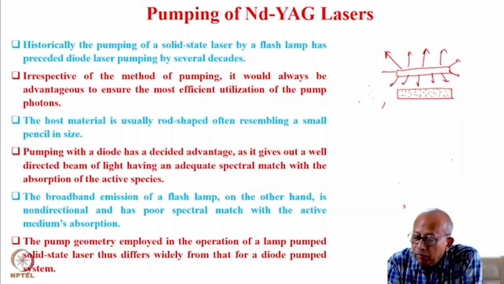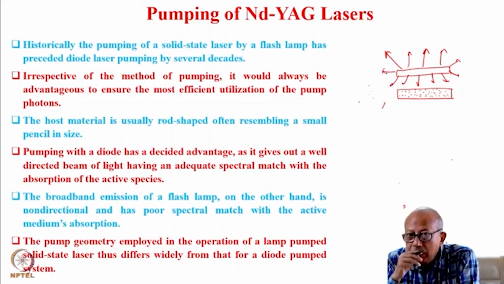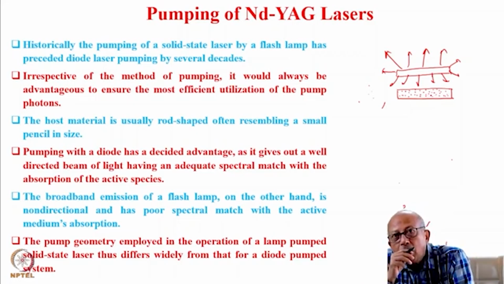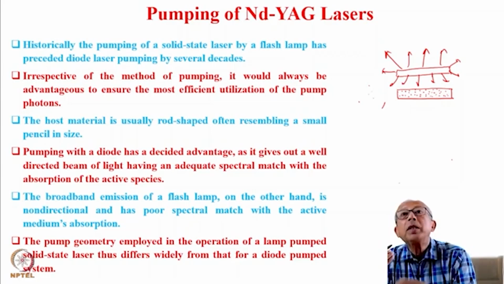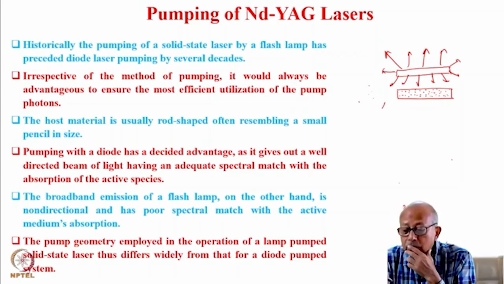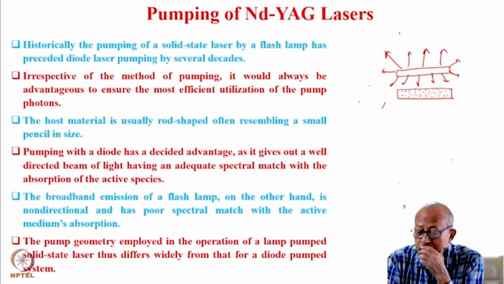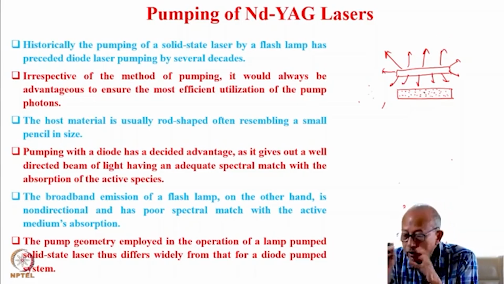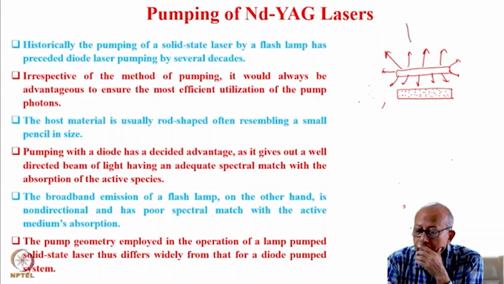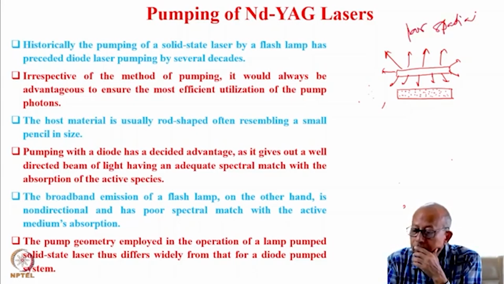So you can very well appreciate that coupling of these photons into this host medium will be very poor, and you may have to take some special measure to direct as many photons as possible into this. So there will be poor spatial overlap.